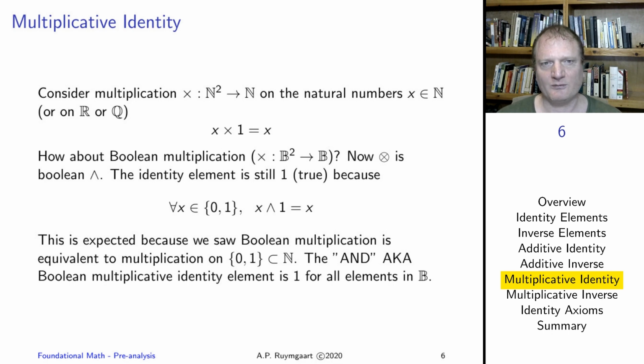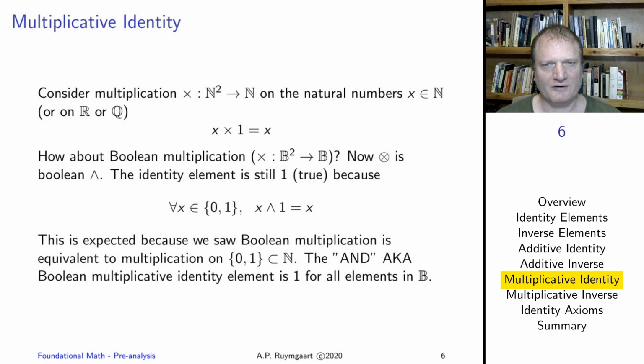So any element x of the set of natural numbers times the identity element 1 returns the element x. Multiplication times 1 equals the original element, and that means that 1 is the multiplicative identity for natural, rational, and real numbers.